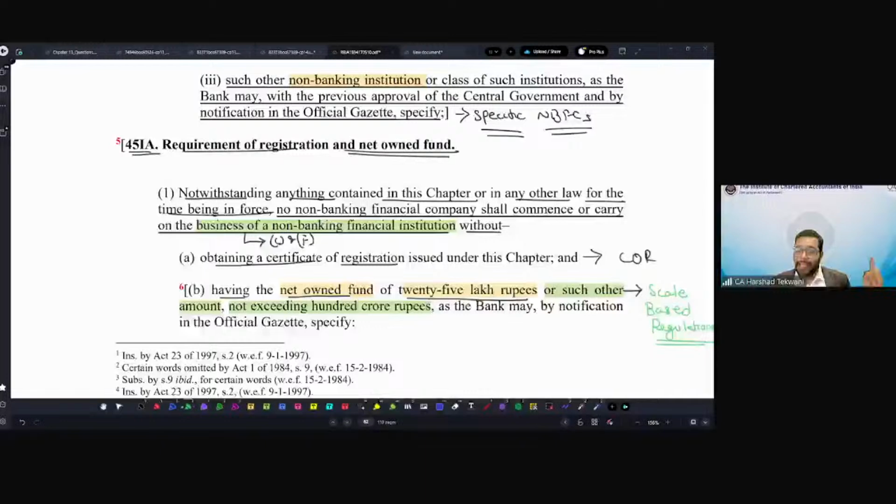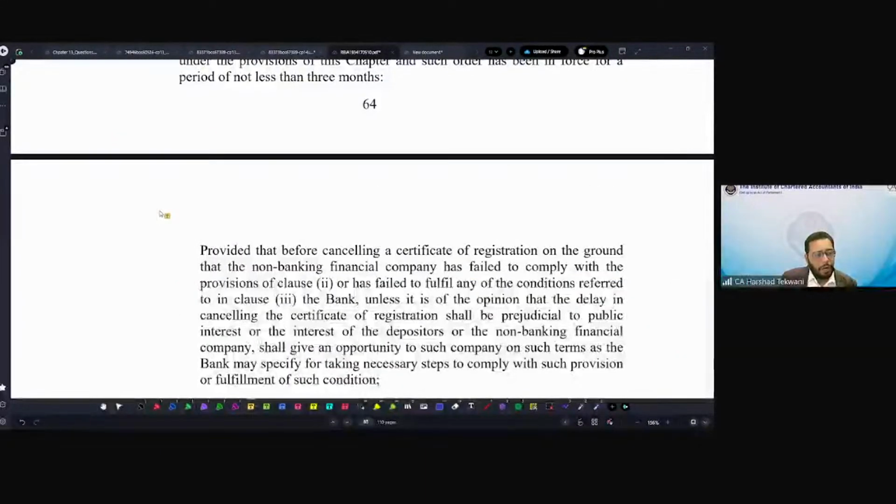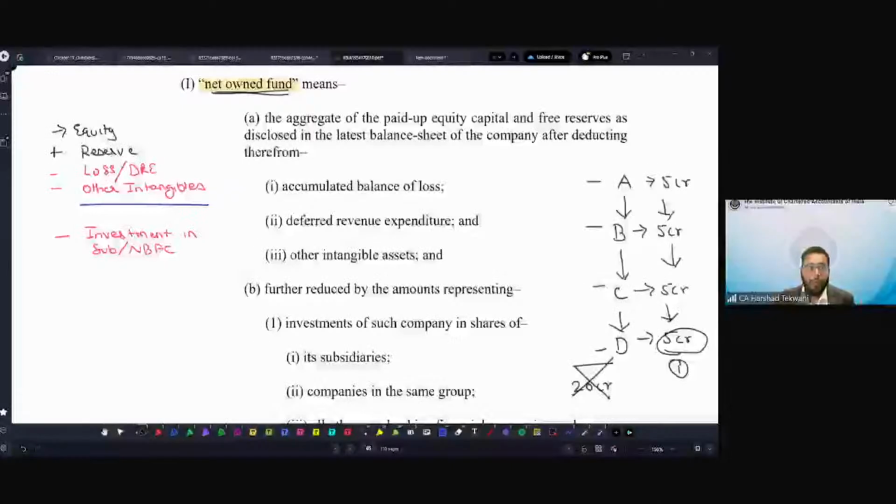Clear? Even under the sub-section 7, there is a deduction to avoid duplication: the value of the debentures, bonds, and loans. We need to remove the debentures, bonds, and loans. First was the investments. Now we are talking about NBFC.